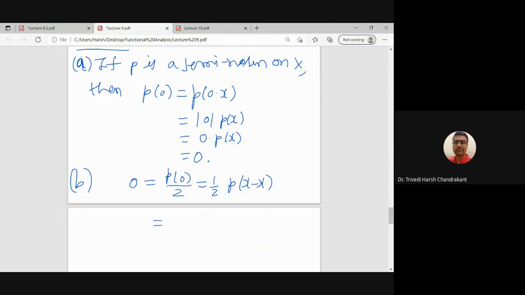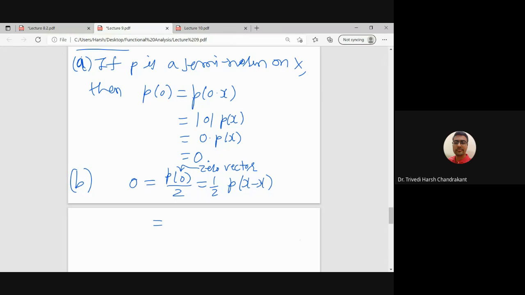This 0 is not the usual 0, it is the 0 vector, because p is a function from X to R and X is a vector space, so the vector space always has a 0 vector. The 0 vector we can write as x minus x for any vector x. That is what we use in this step.